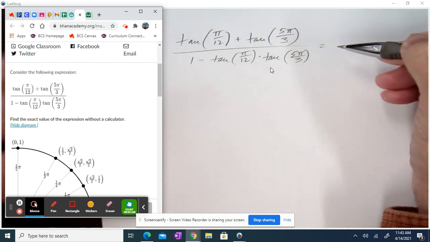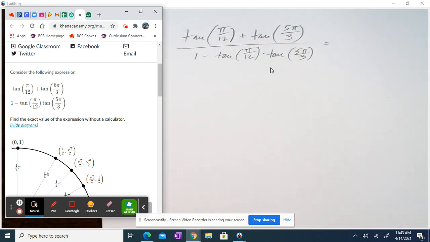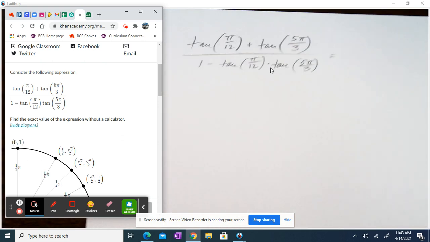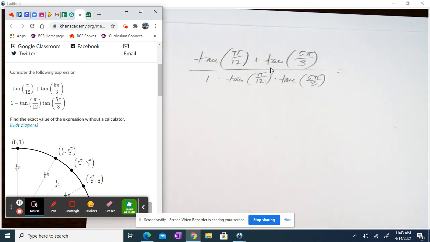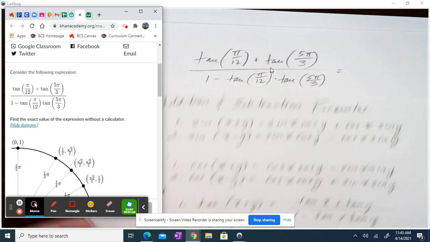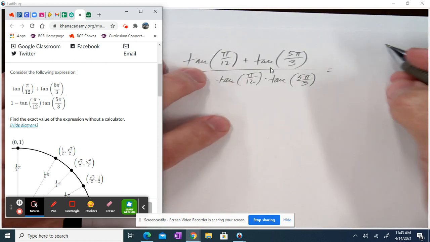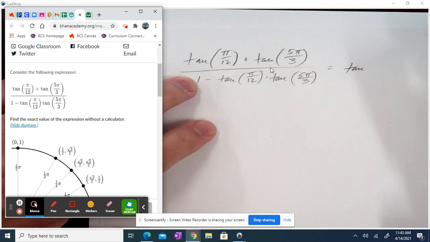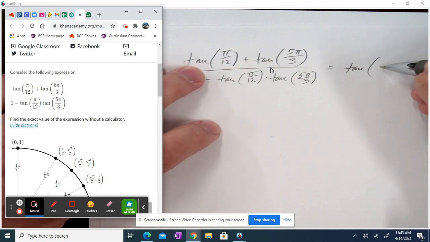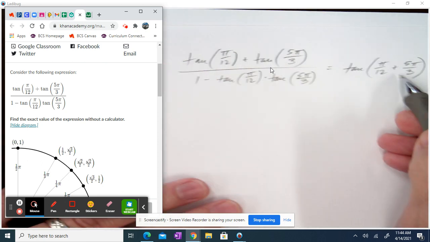And I know by looking at that formula that this is just the sum of those two angles. So this equals the tangent of pi over 12 plus 5 pi over 3. All right, now we just need to simplify this.